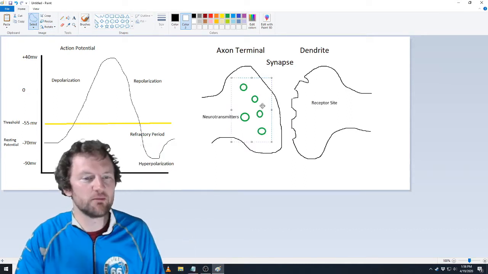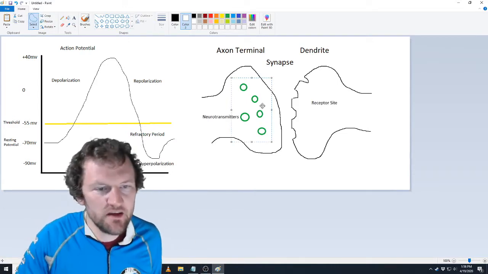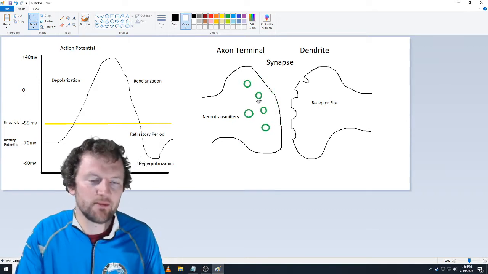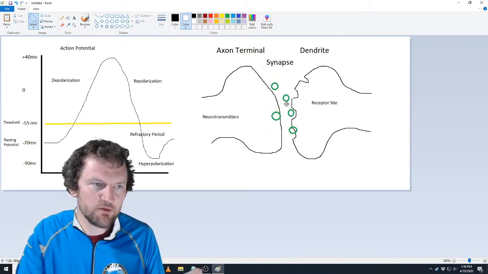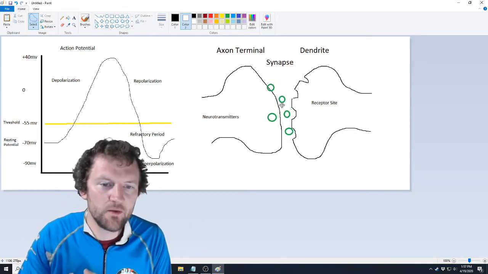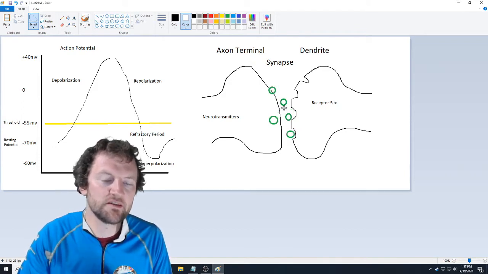Once an action potential successfully comes across the axon, they release the neurotransmitters from the axon terminal into the synapse, and they go into receptor sites. This is important: if there are receptor sites that fit.